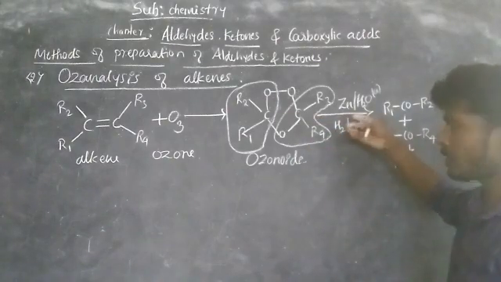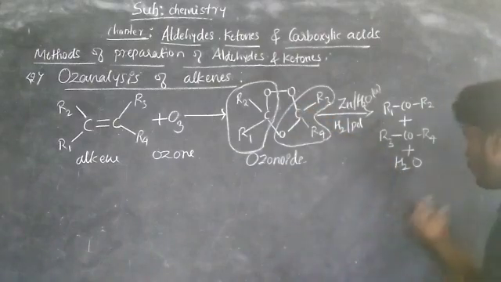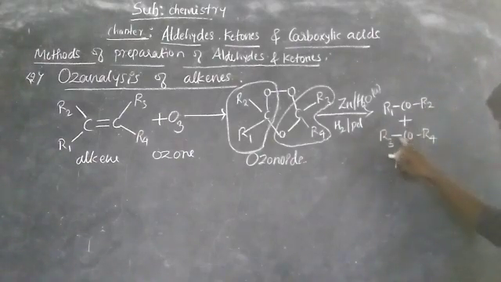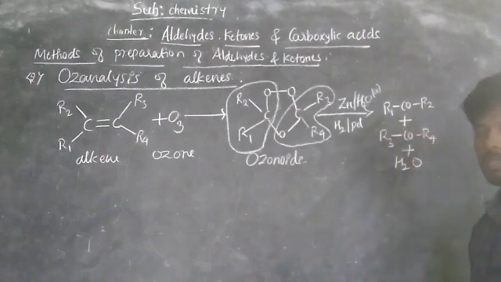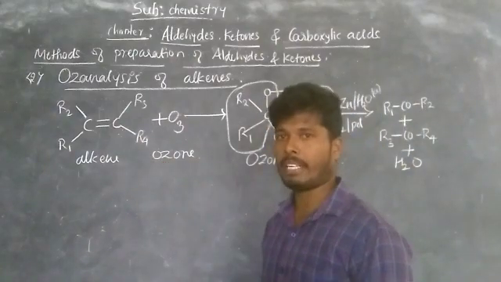In the chemical reaction there are a number of hydrogen molecules that will react with oxygen, and you get water. So here water is the byproduct, and you get ketone compounds, right? If R1 and R2 are the same groups or other than hydrogens, you get ketones. If any one of the groups among these 4, R1, R2 or R3, R4, is hydrogen, you get an aldehyde compound. That depends only on the reactant we have taken.